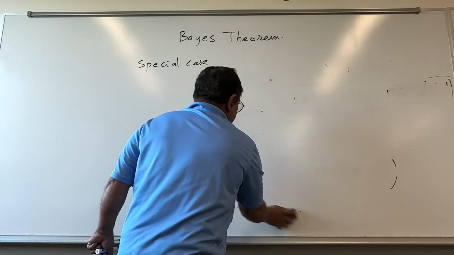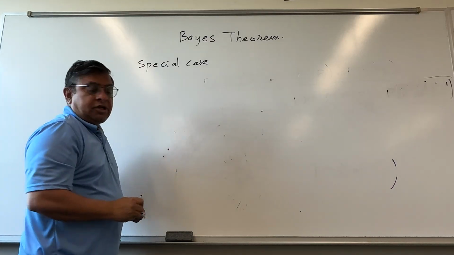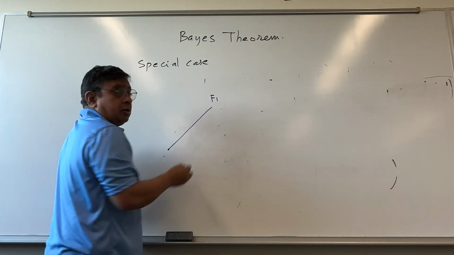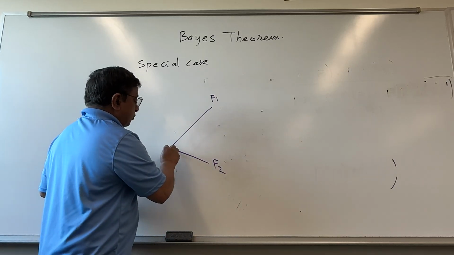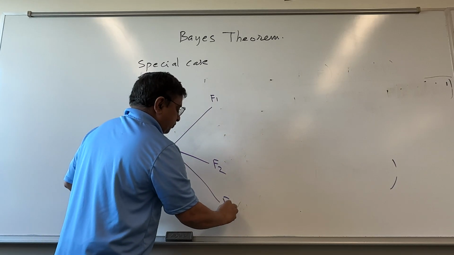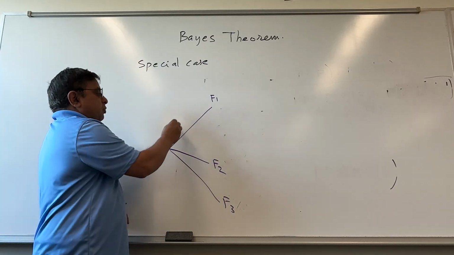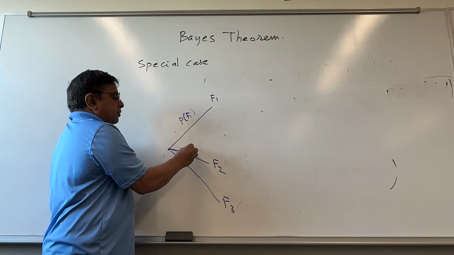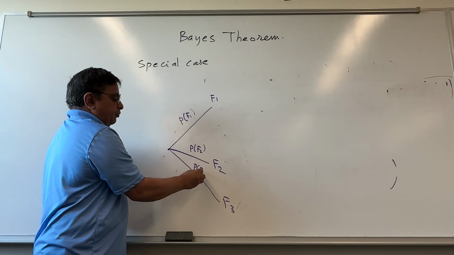Let's say to begin with, starting point, and you have 3 mutually exclusive outcomes, F1, F2, F3. So along this branch, probability of F1, probability of F2, and probability of F3.